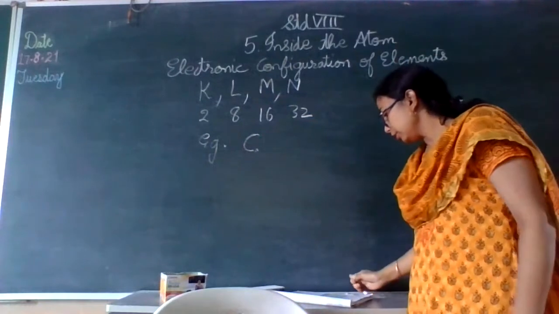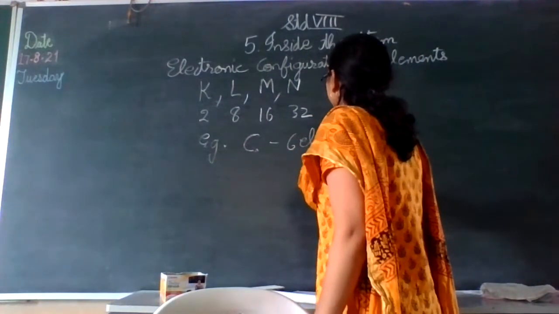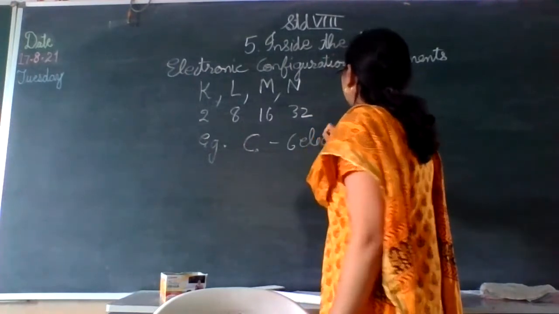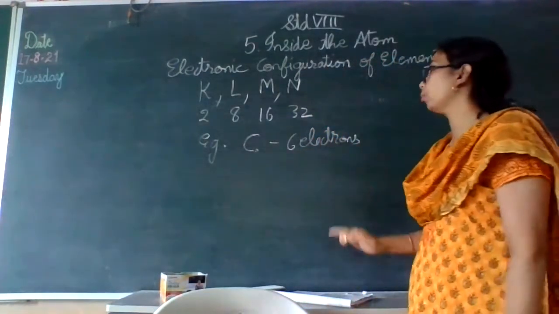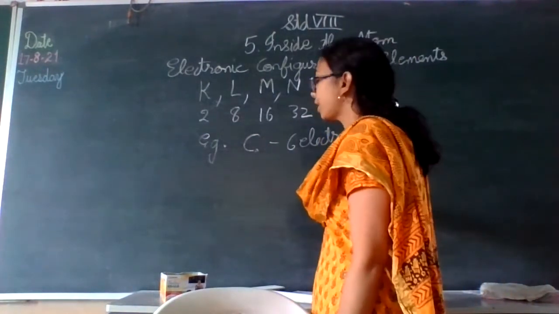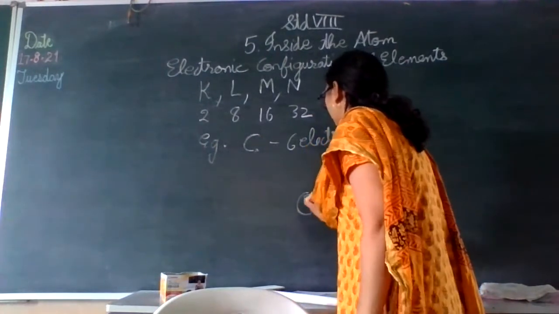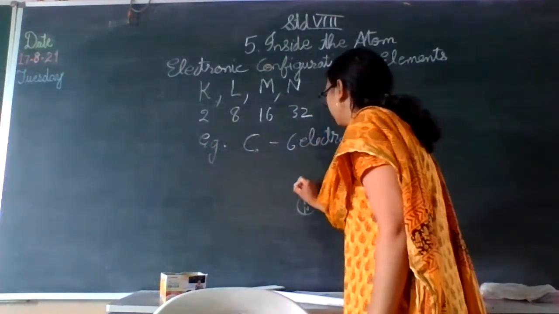Carbon is having 6 electrons in all. In that case, if we divide these electrons into K, L, M, N shells, what will be the structure of carbon with protons, neutrons in the nucleus?